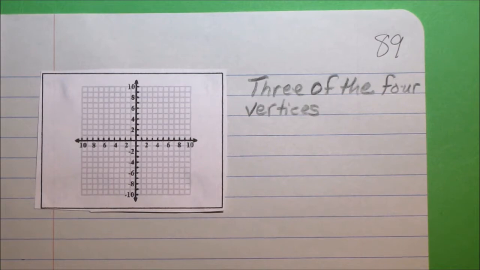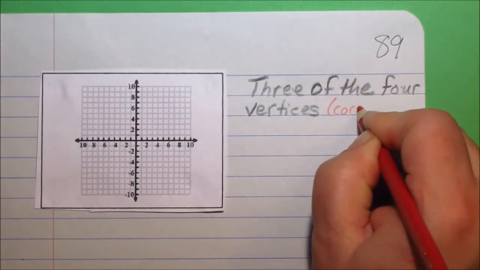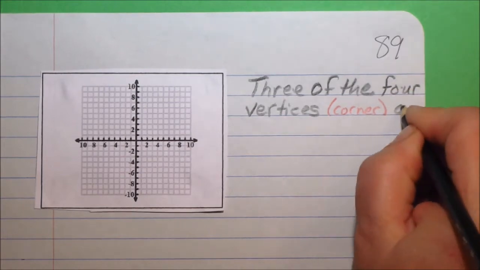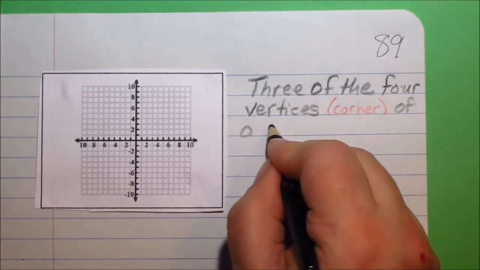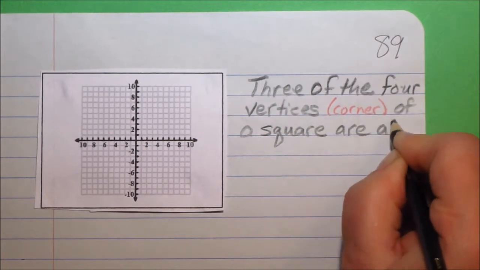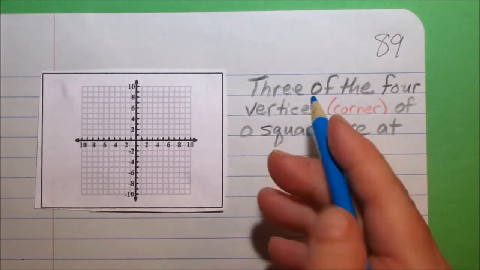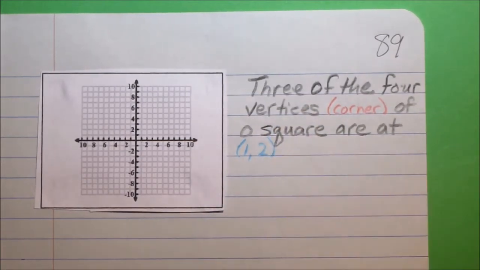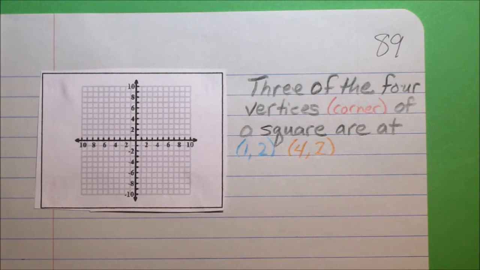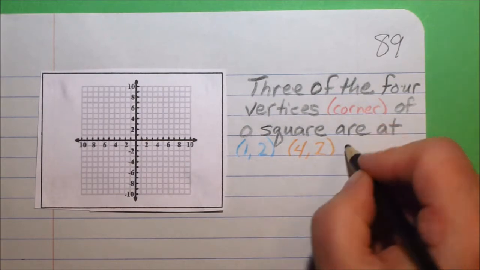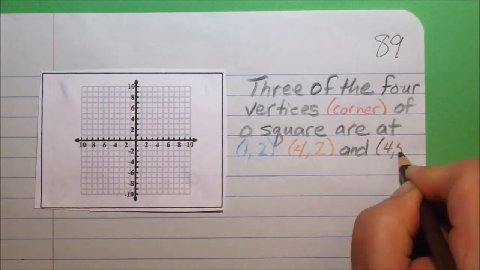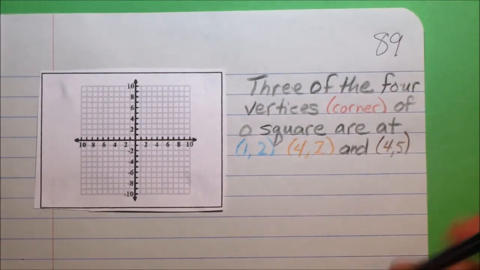Vertices is the plural of vertex and means corner, or sometimes point. So the corners of a square are at, and here are our ordered pairs: (1, 2), (4, 2), and (4, 5). Okay, there are our three ordered pairs.